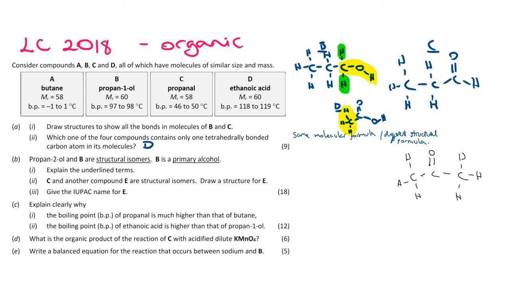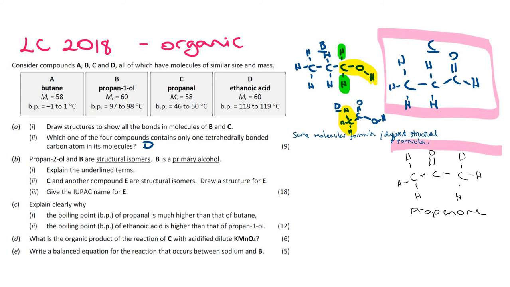So an isomer there of propanal is propanone. This molecule here and this molecule here have the same number and type of atom, but those atoms are differently arranged, so they're structural isomers. And the IUPAC name for E is propanone. It's also known as acetone, but the IUPAC name would be propanone.